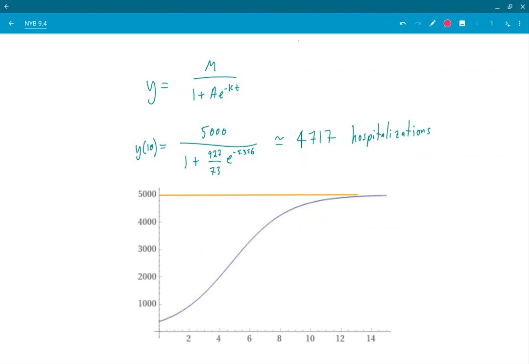You can see that at least initially, maybe for this part, it looks exponential. But as I go further in time, the graph flattens out and it eventually approaches this horizontal asymptote 5,000. So pause and copy that if you haven't done so already.